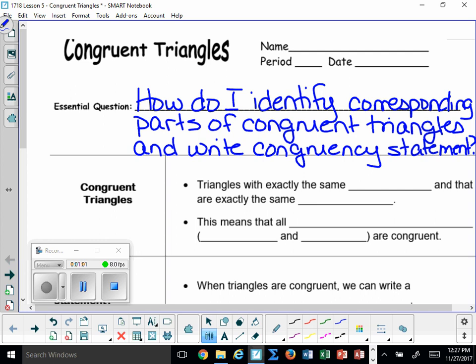I think my S fell off there, but stick the S on your own paper.